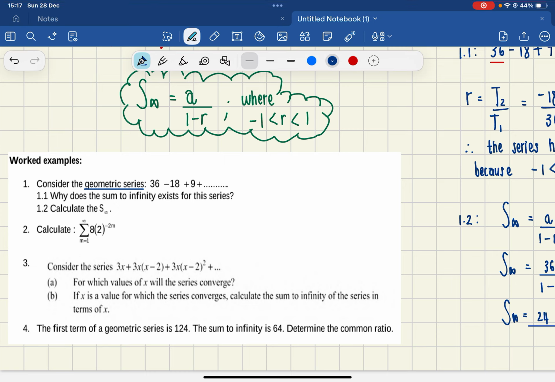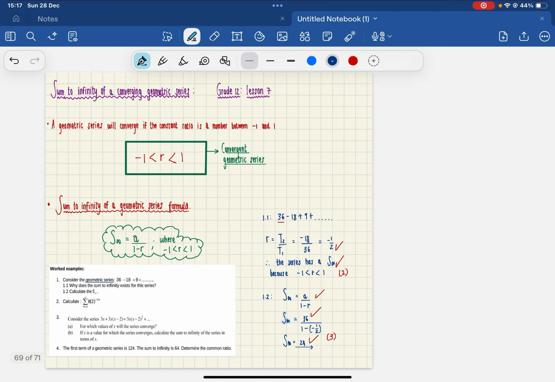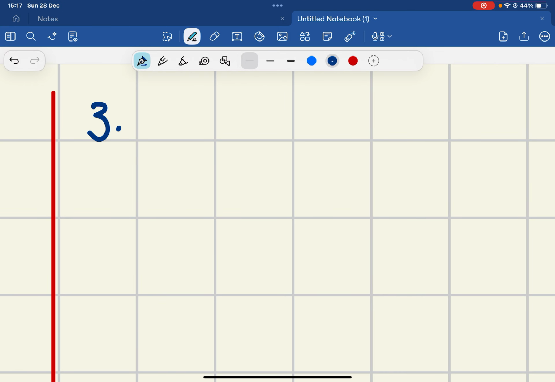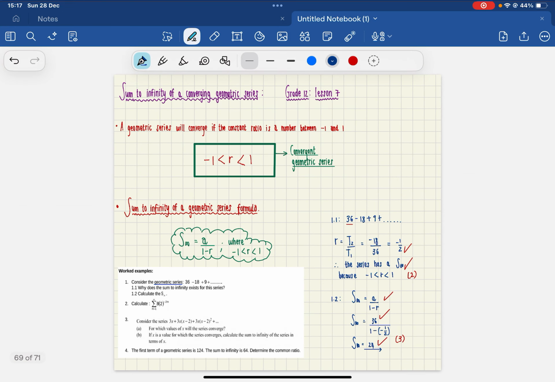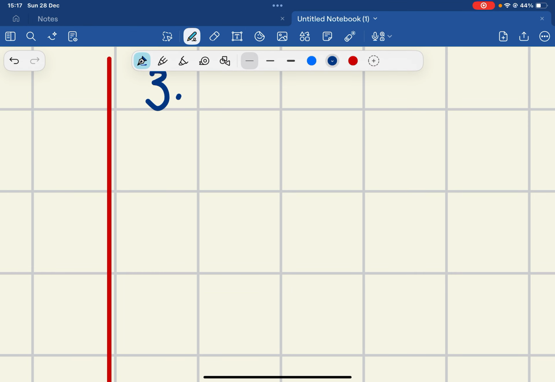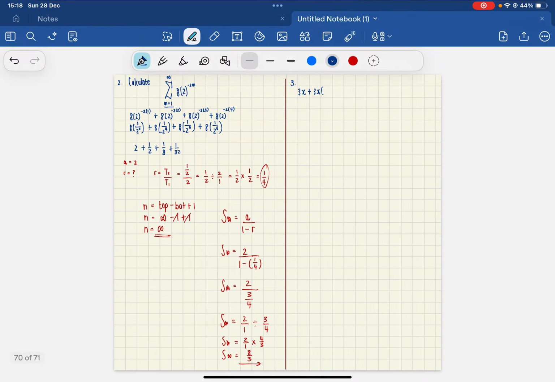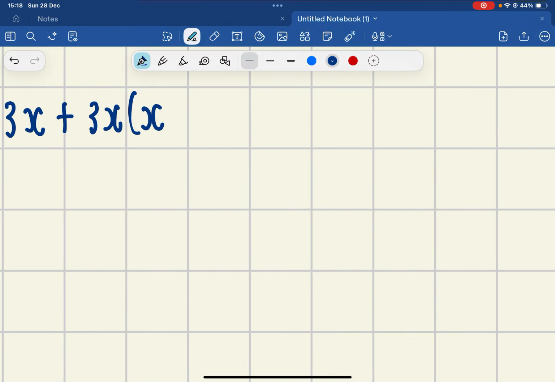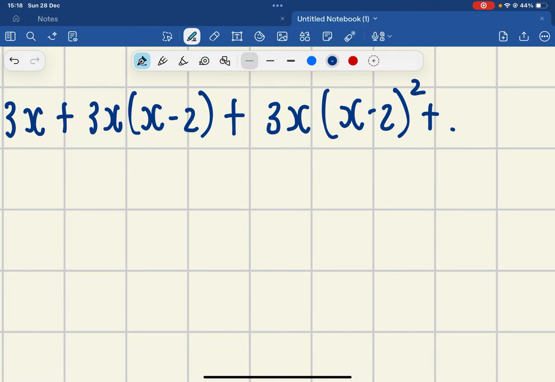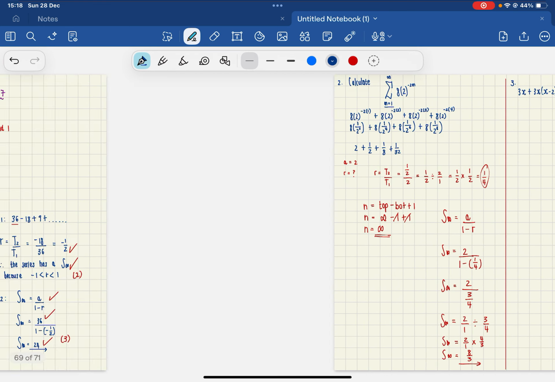It says, consider the following series: 3x plus 3x(x minus 2) plus 3x(x minus 2) squared, and it so goes on.